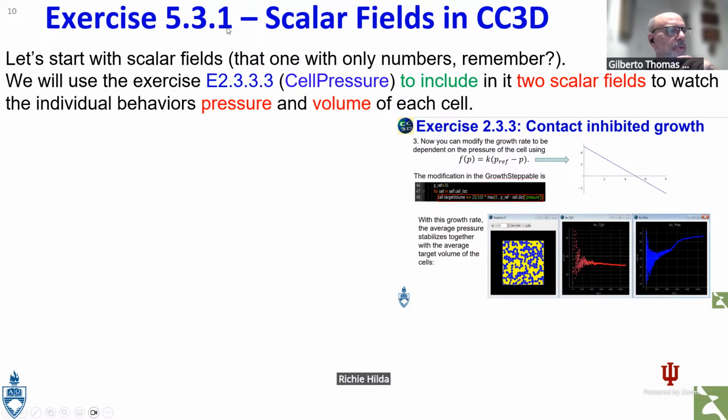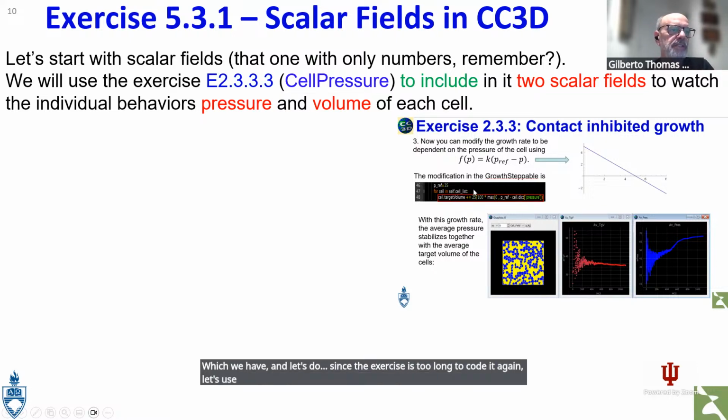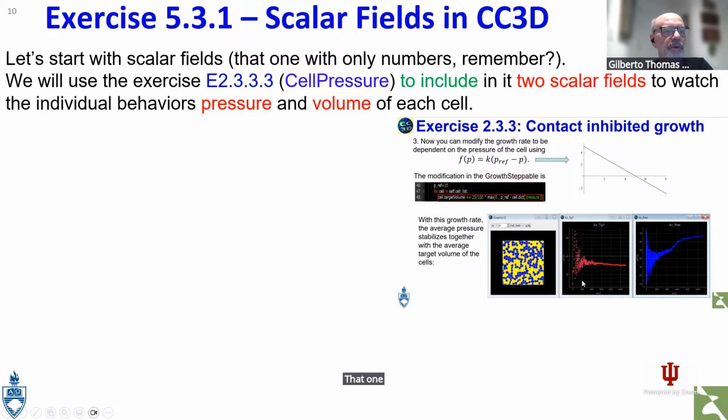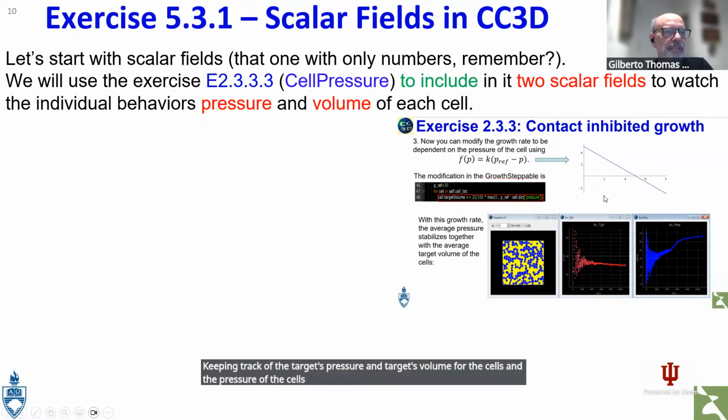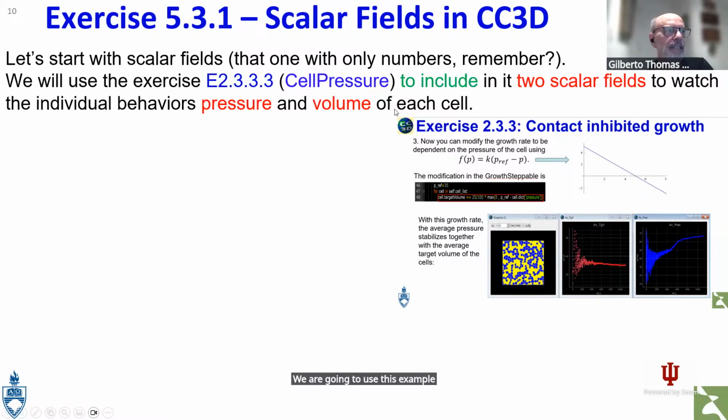And since the exercise is too long to code again, let's use one we already used two days ago, that one with contact inhibition, where we have two windows keeping track of the target's pressure and target volume for the cells and the pressure of the cells. We are going to use this exercise to add now the extra fields.